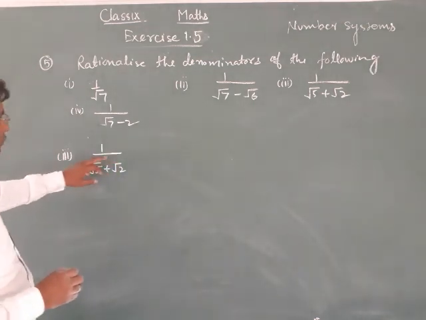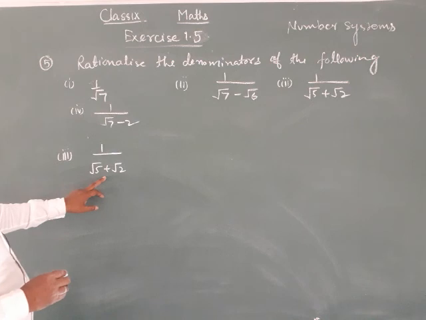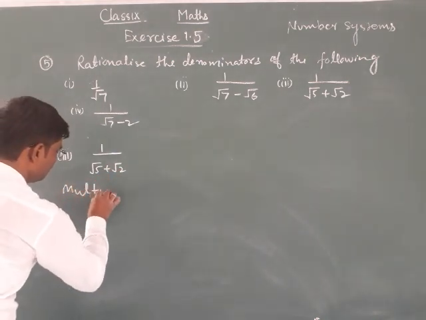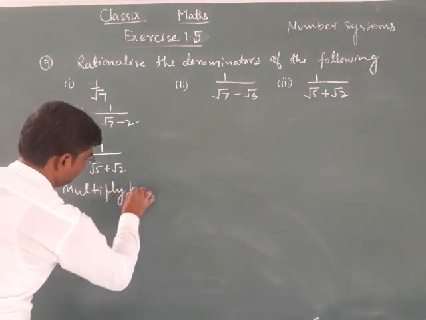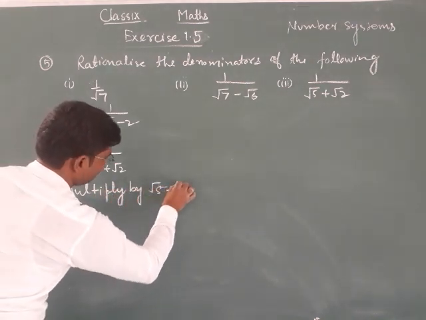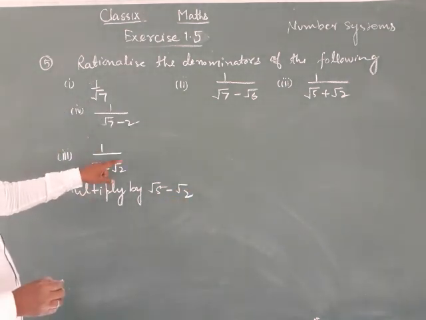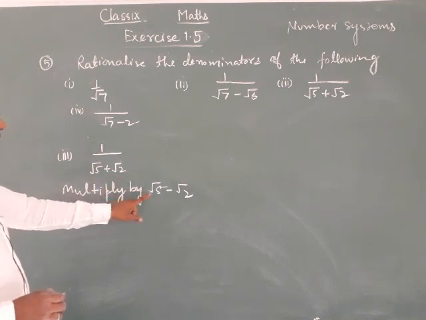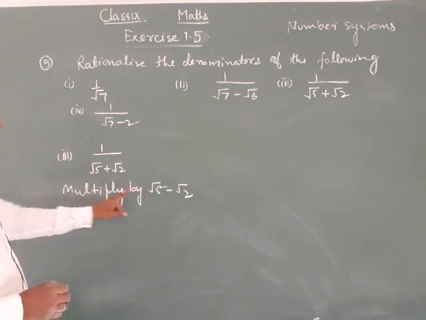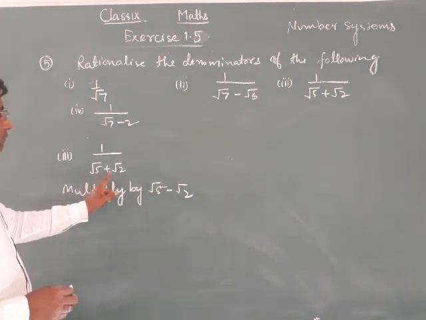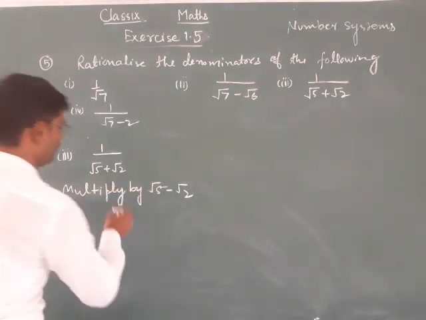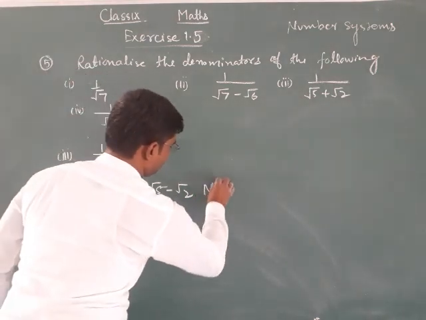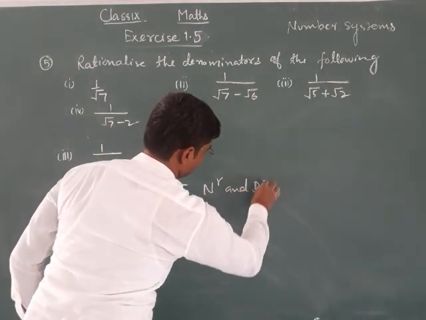We take the conjugate of the irrational number, so we multiply by root 5 minus root 2 in the numerator and denominator.